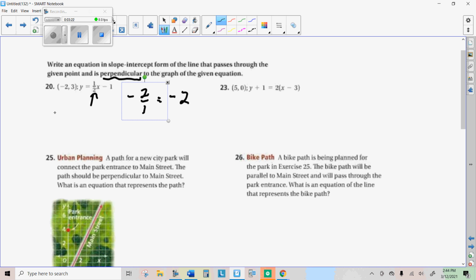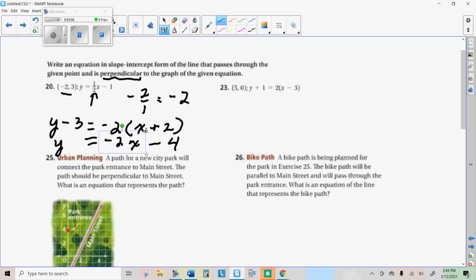But what I'm going to do is use point-slope form because I think it's easier for most since we're given a point. So I'm going to write y minus 3 equals -2 times the quantity x minus -2, which is x plus 2, if I simplify that. Then I'm just going to get rid of the parentheses here. I'm going to multiply -2 times x and -2 times 2.